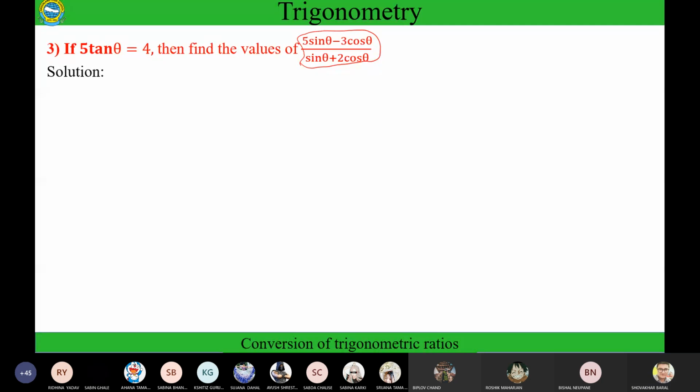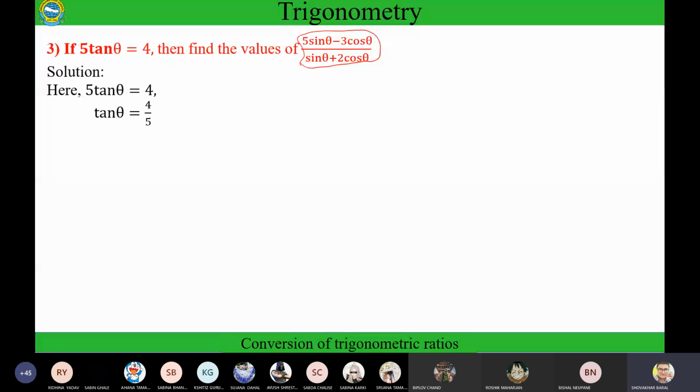Solution. We have 5 tan theta is equals to 4. This is given in the question. Since there is 5 along with tan theta in the product form, let's shift this 5 to the other side, and it will be tan theta is equals to 4 upon 5.